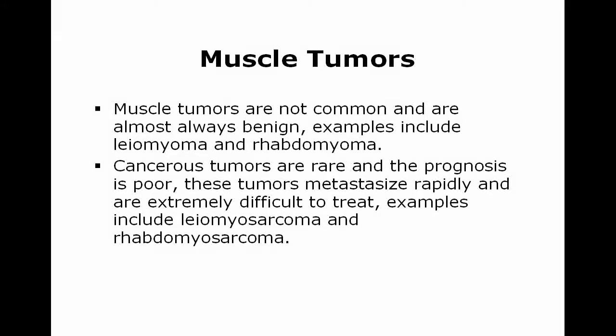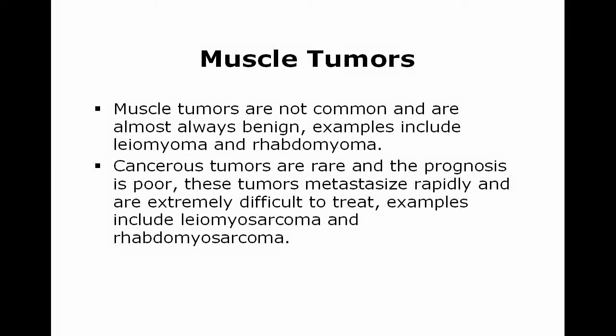Now, if a person has a cancerous muscle tumor, then those are referred to as either leiomyosarcoma or rhabdomyosarcoma, with the word sarcoma being present there. The sarcoma refers to a cancerous tumor of connective tissue.